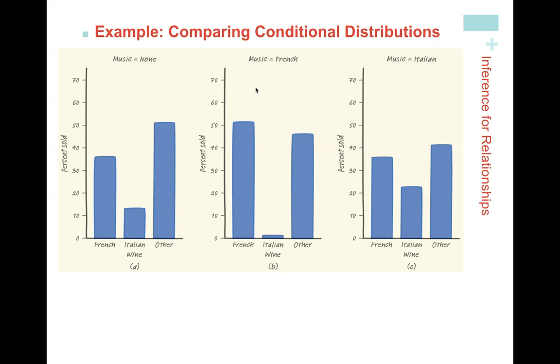Now, when French music is being played, check this out. The French goes from 35, boom, all the way past 50. But look at what happened to the Italian. It went from 14 or so all the way down to like 1%, something really low. Then when you play Italian music, the Italian wine sales go way up, and French comes back down. Interesting.